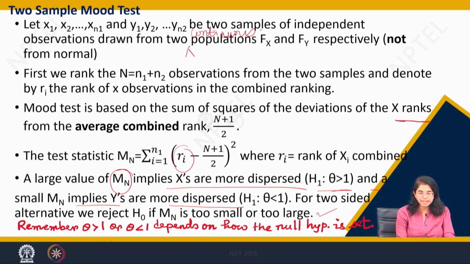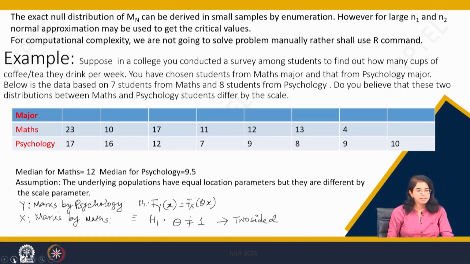Remember, theta greater than 1 or theta less than 1 depends on how the null hypothesis is set. The exact null distribution of Mn can be derived in small samples by enumeration. However, for large N1 and N2, a normal approximation may be used to get the critical values. For computational complexity, we are not going to solve the problem manually, rather we will use an R command.